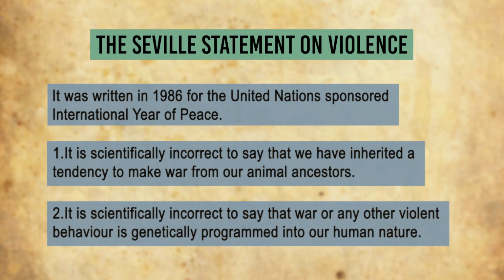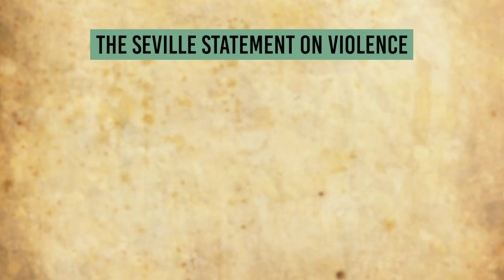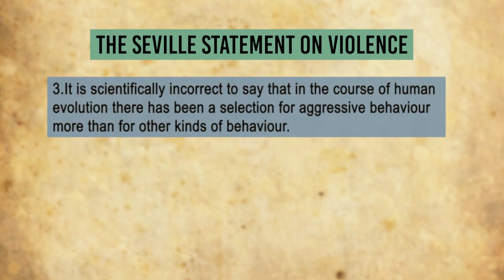Secondly, it is scientifically incorrect to say that war or any other violent behavior is genetically programmed into our human nature. Thirdly, it is scientifically incorrect to say that in the course of human evolution, there has been a selection for aggressive behavior more than for other kinds of behavior.